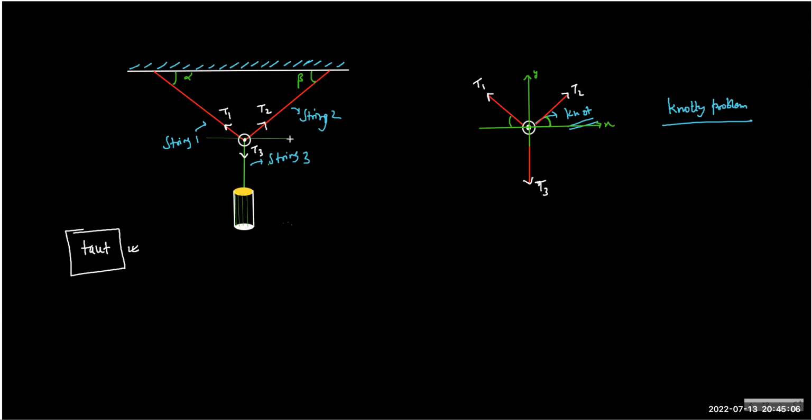Probably if you look at the original picture, you can understand. Can you find these angles? Tell me, guys. Can we find these angles? Yes or no? Yes, sir. So how much is the left angle?